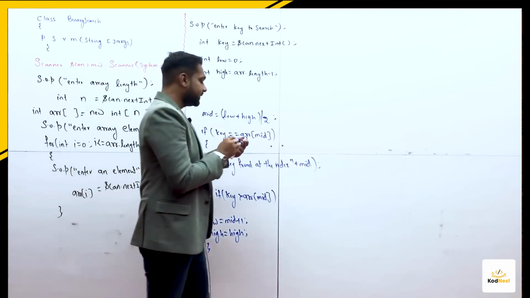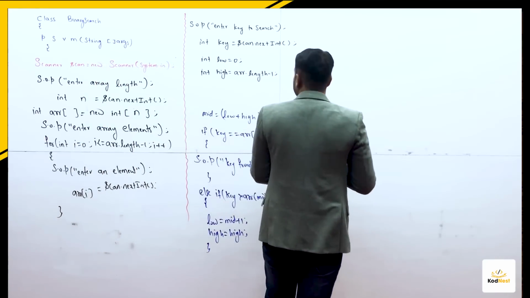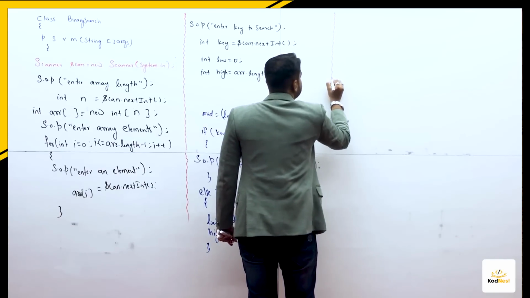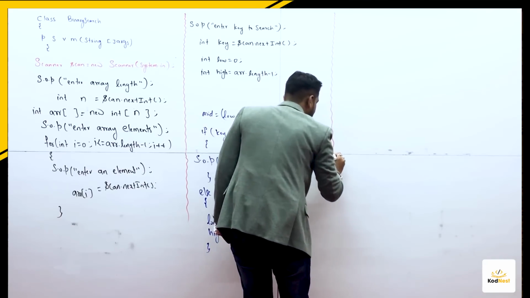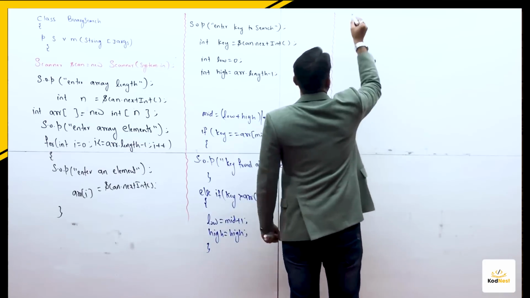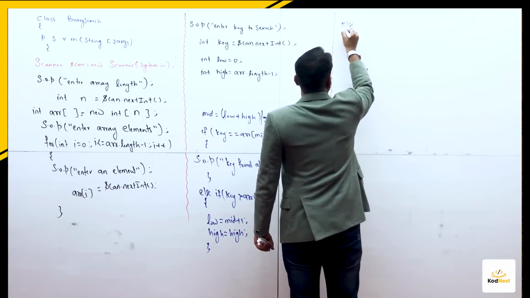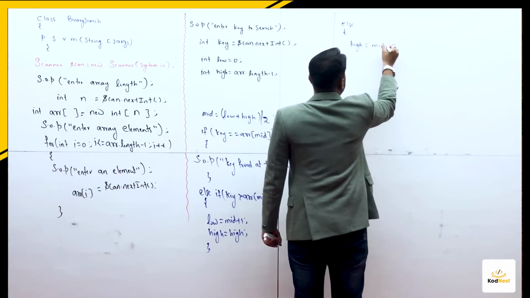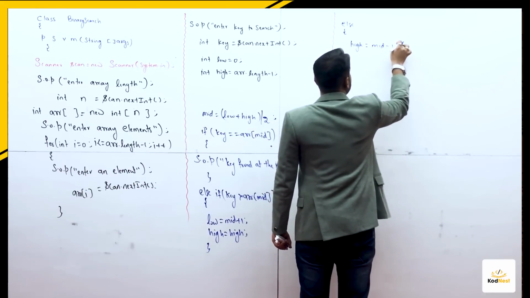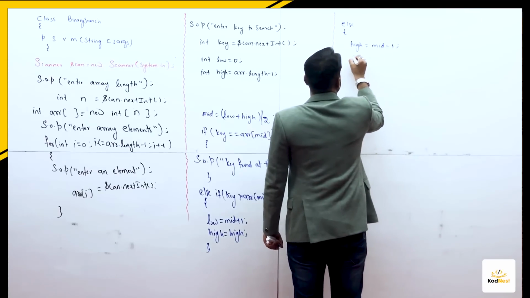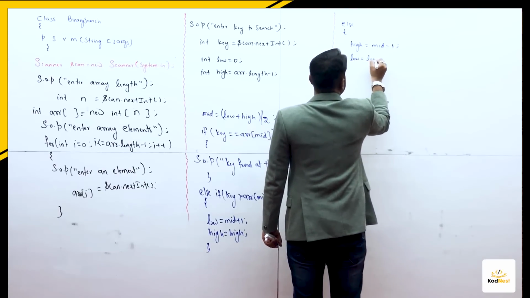If it is not greater, supposing it is lesser, then else, make high point to one level less than mid. Let low be there only.